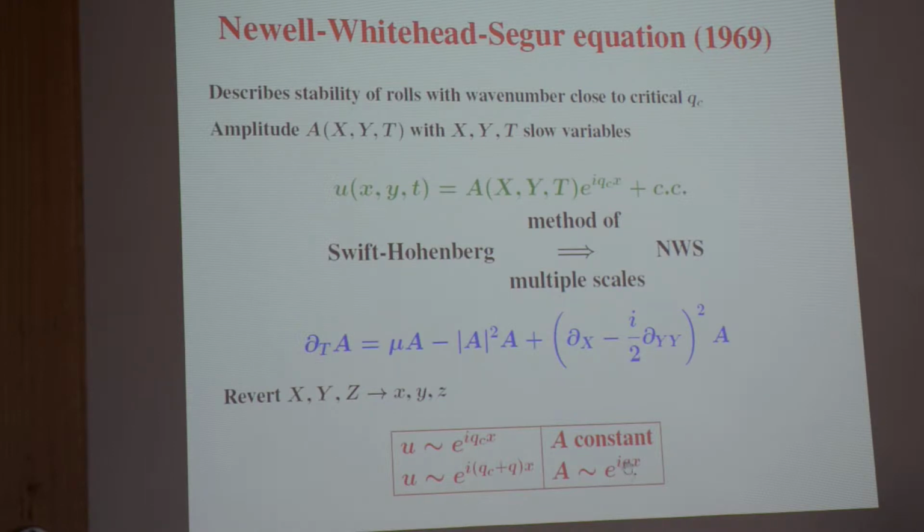And this q is not the wave number of the rolls, it's the deviation from criticality. So q positive means that you're going to have rolls with q_c plus q bigger, so the rolls are skinnier than their preferred value, and if q is negative, that means it's less than q_c, so that's fewer rolls, so they're wider than their preferred value. Okay, so now you understand what it means, and you see that they look different.